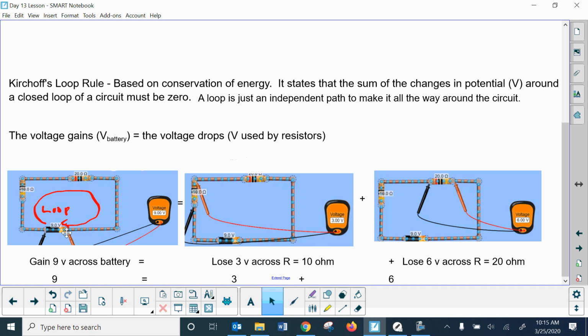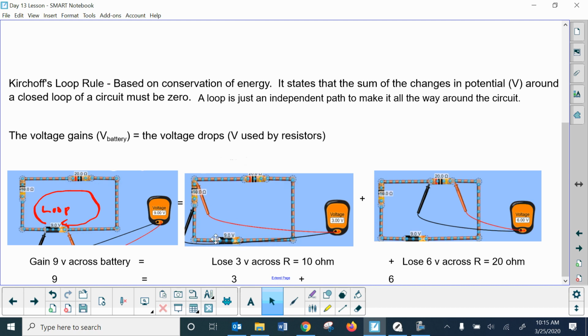In this diagram, we have a battery here, which is a 9-volt battery. So the voltmeter reads 9 volts when I measure across it. That's a gain of 9. That's what I'm saying down here. And then I'm going to read each of the individual voltages across these other resistors. If I take the voltmeter and hook up the two probes to the 10 ohm resistor, that's a 3-volt loss.